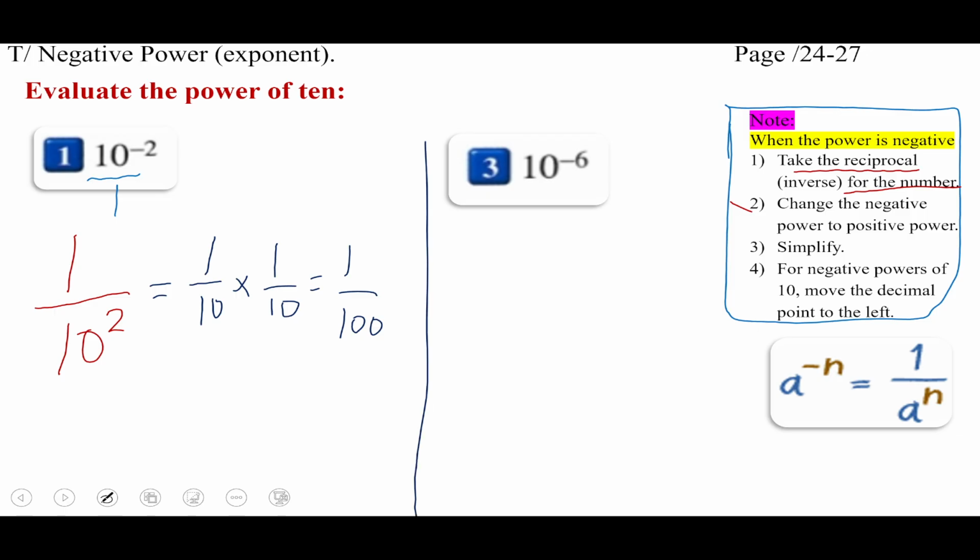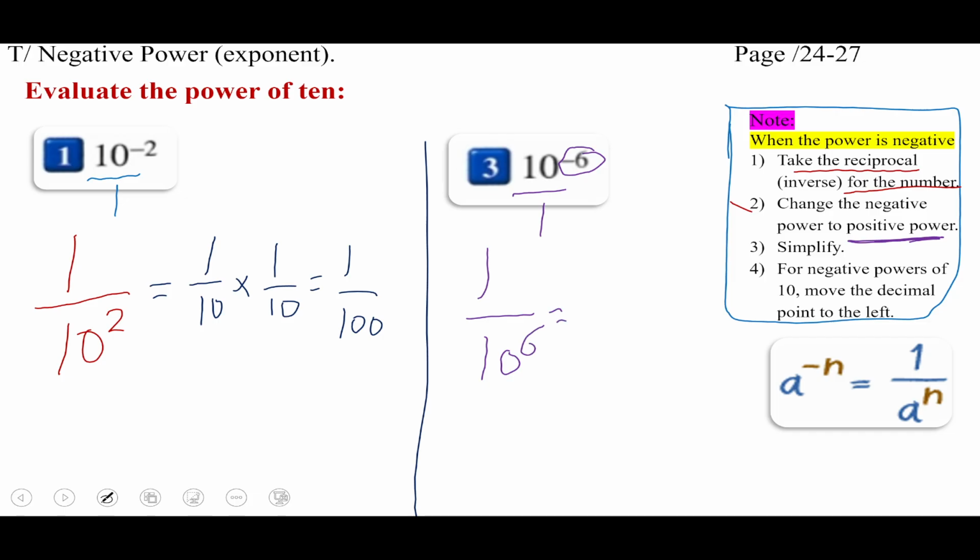This is the first one. The second example, 10 to the power of negative 6. The first step, put 1 to make it a fraction. If it is already a fraction, there is no need to put 1 in the denominator. So now take the reciprocal of this one, 1 out of 10, and this negative power becomes positive. So write 6.